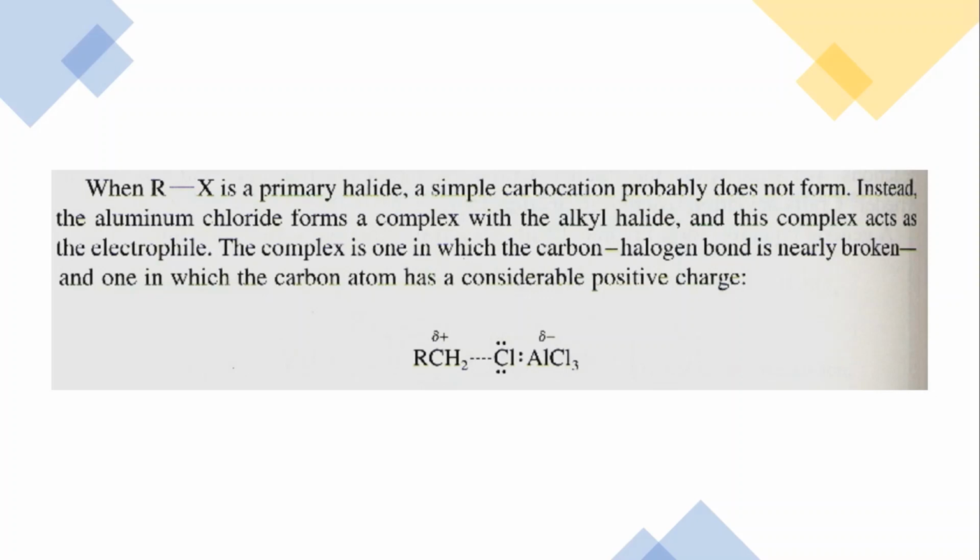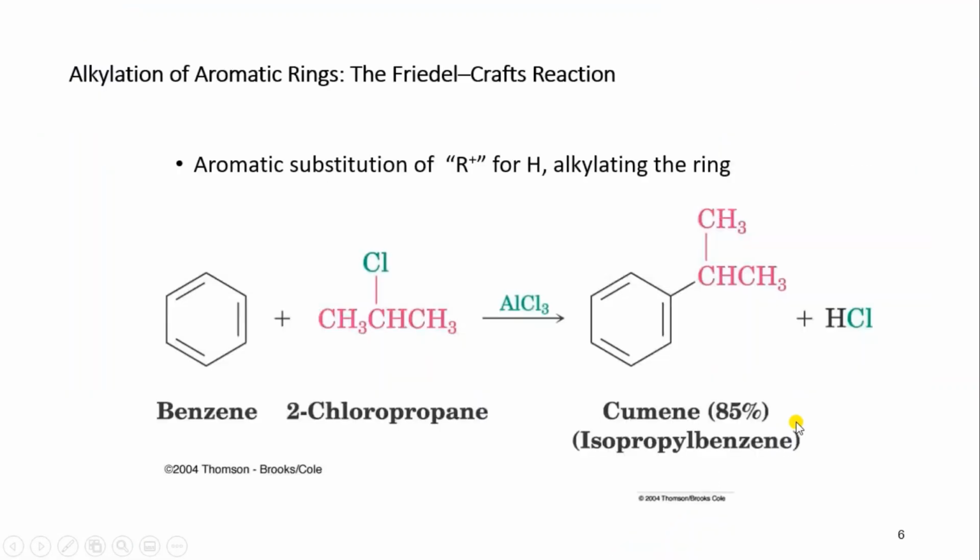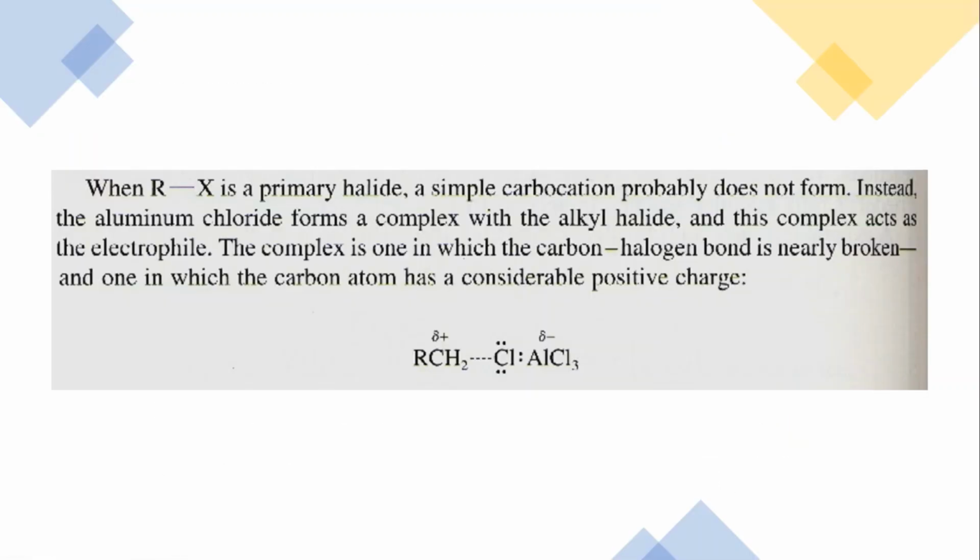After the abstraction of the proton, there will be HCl formation, and AlCl3 will be regenerated, and finally we would have the alkyl group attached to the benzene ring, and there will be a regain of the aromaticity. So the overall step is that the primary alkyl group will be attached to the benzene ring.